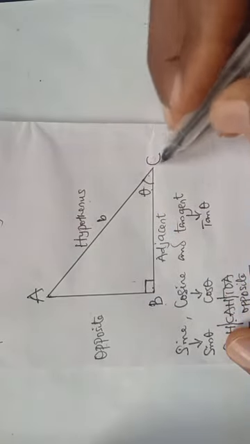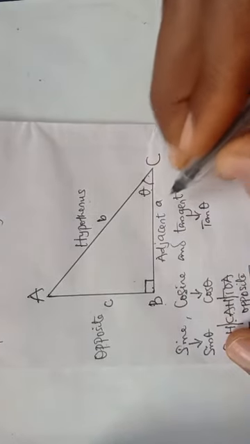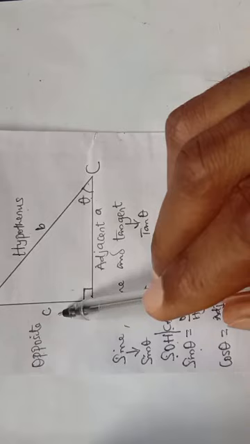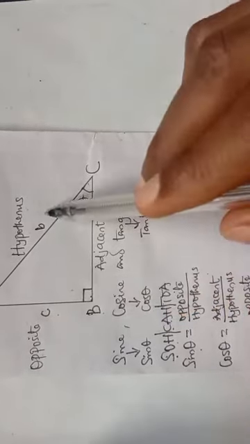The side facing capital C becomes my small c, while here becomes my small a. Going with this formula, sine theta becomes c over b, which is opposite over hypotenuse.